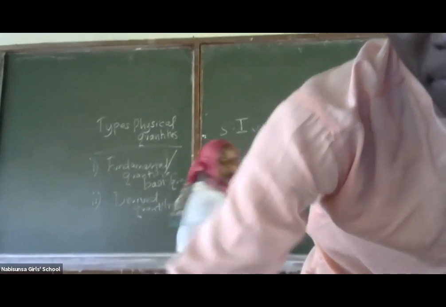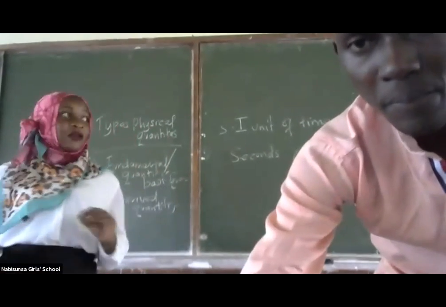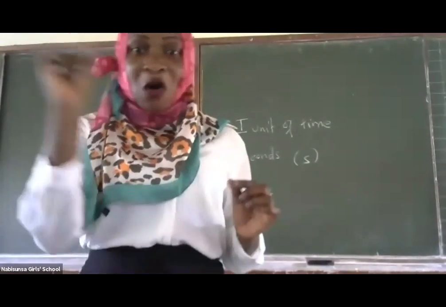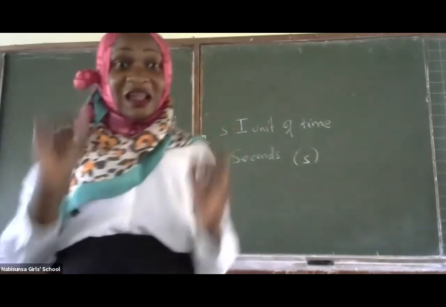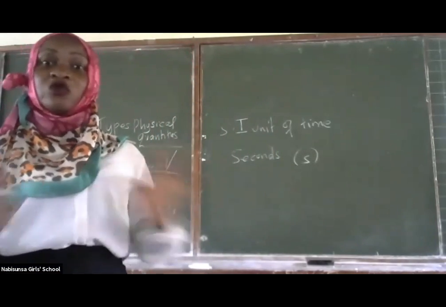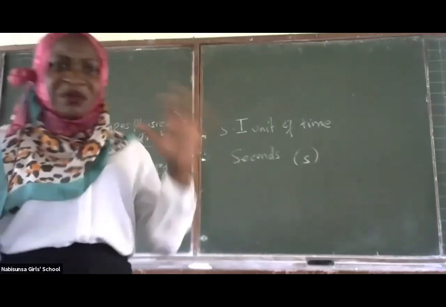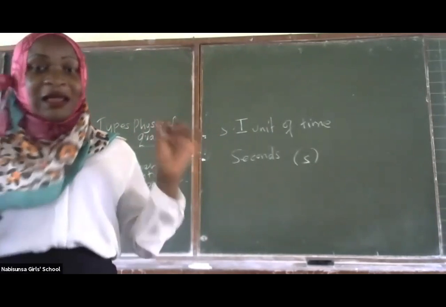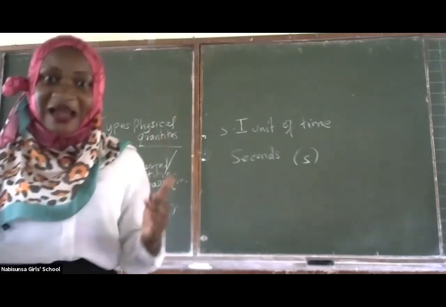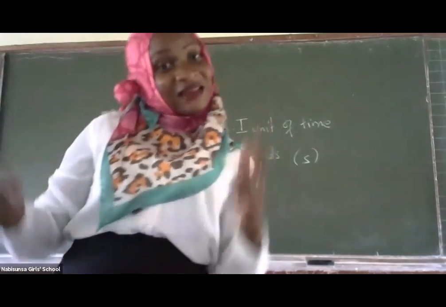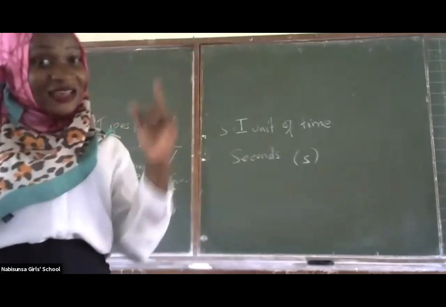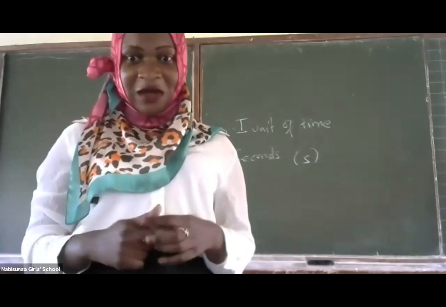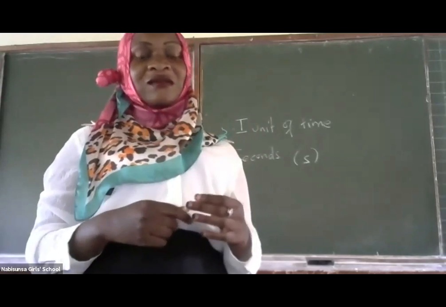The s should really look small, it should not be debatable whether this is a 5 or a capital S. Let it be a small s. So the SI unit of time is seconds.